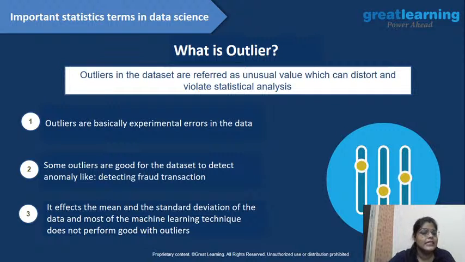Outliers in the data set are referred to as unusual values. Maybe there is some error in your data set, and in that case it can be an outlier. Suppose we are taking a data set for predicting whether a particular person is diabetic or not.